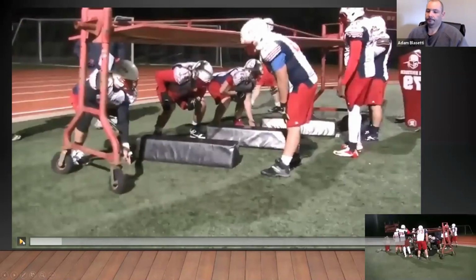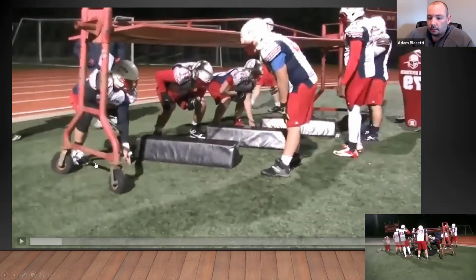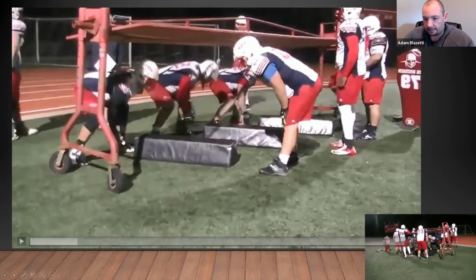Okay, so this is just another drill that we would do to practice footwork and aiming points. Again, this is elongated, of course, because we're going across or over top of a step up. But we always practice that. Again, our first step, as you can see, sets our angle.